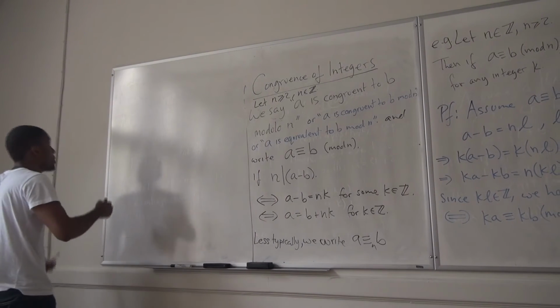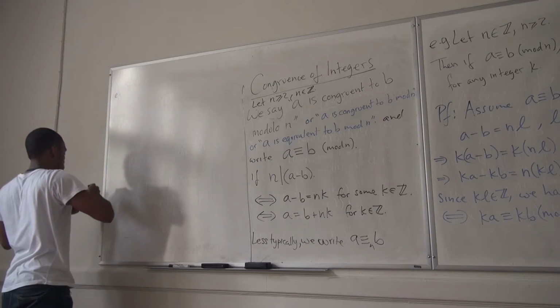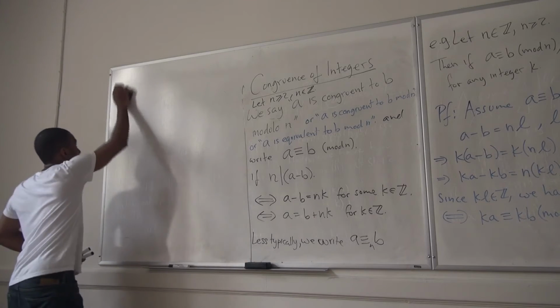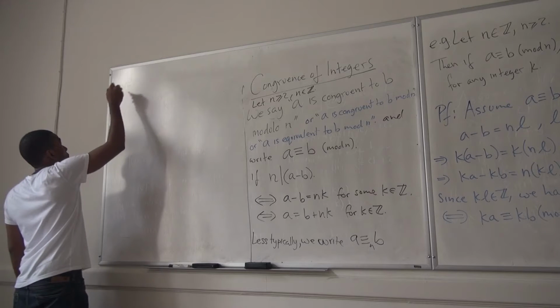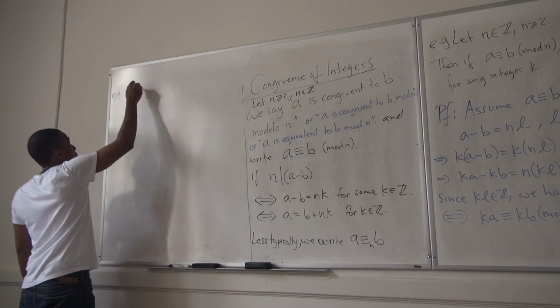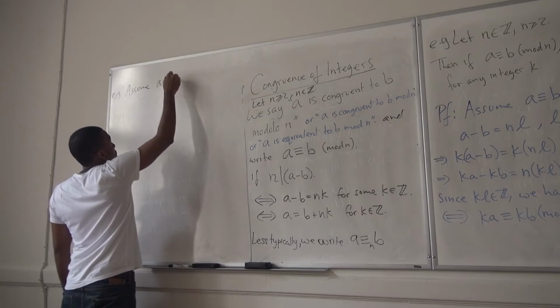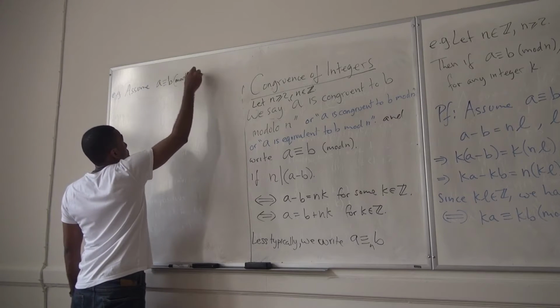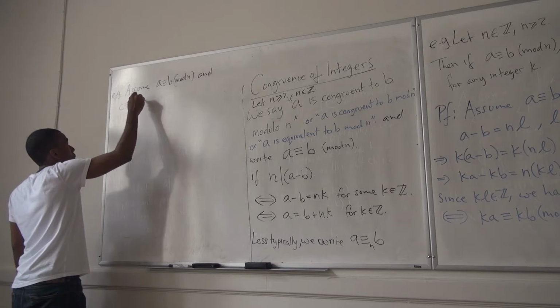What about addition? A is equivalent to B mod n, and C is equivalent to D mod n.